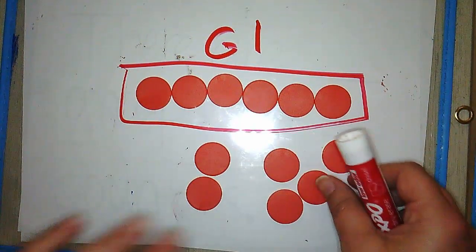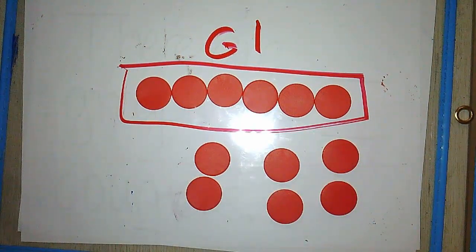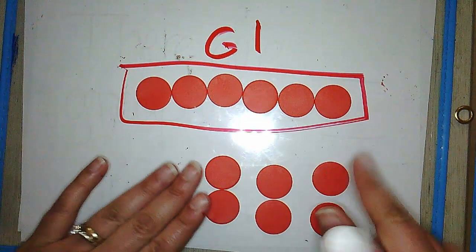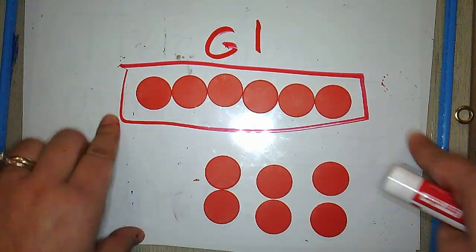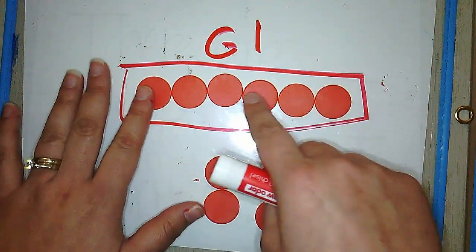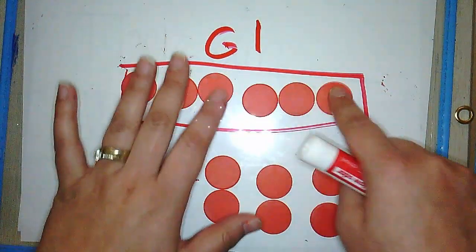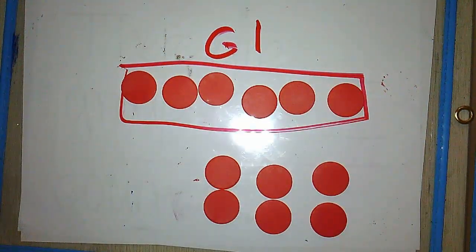Look at this, 3 groups of 2. And I can also say, I said 1 group of 6. I can also say 6 groups of 1, boys and girls. Great thinking.